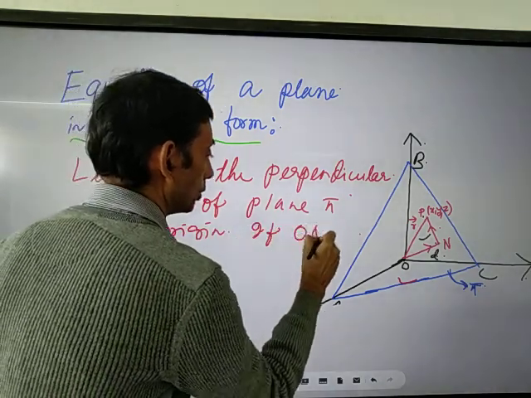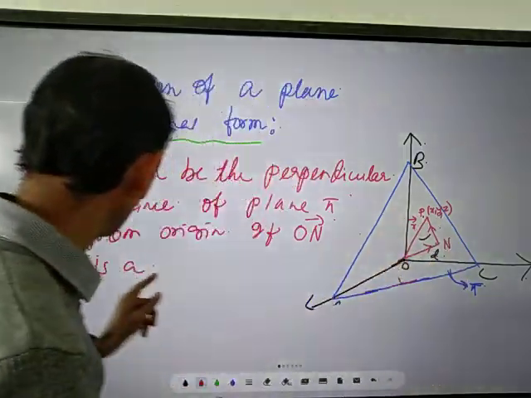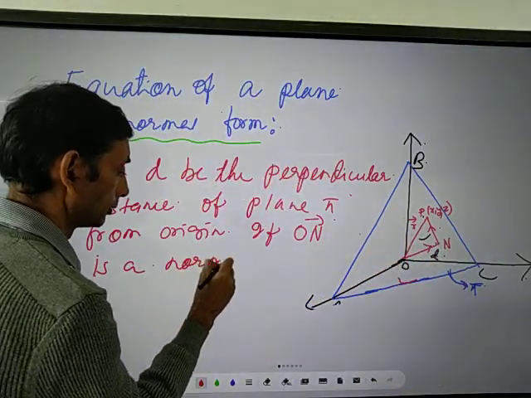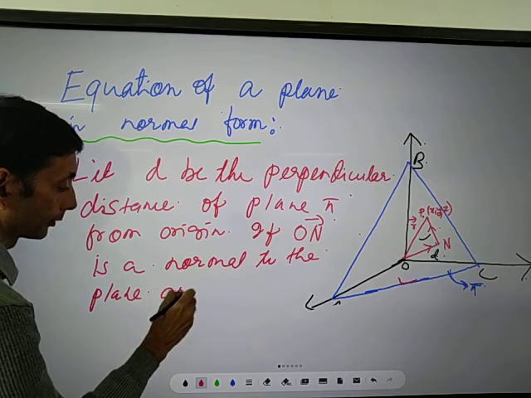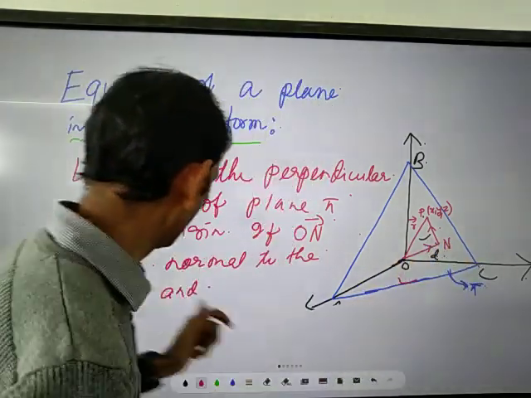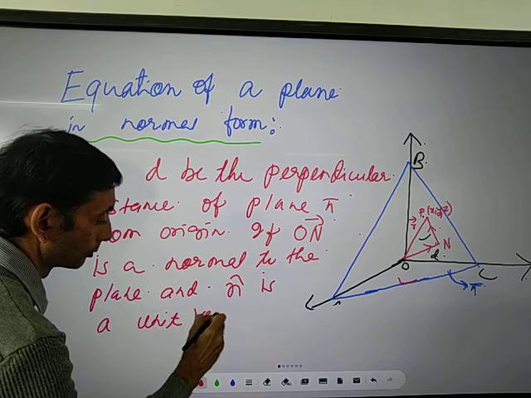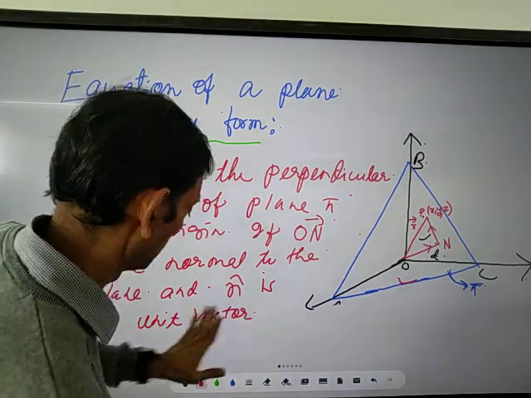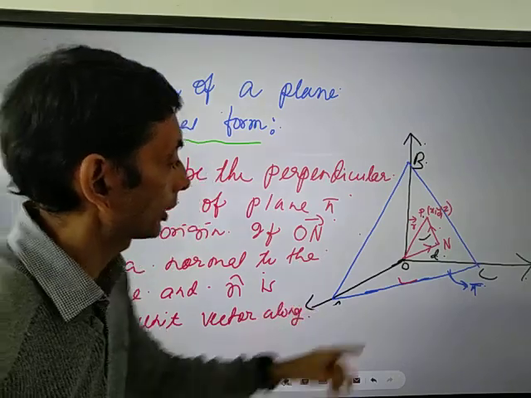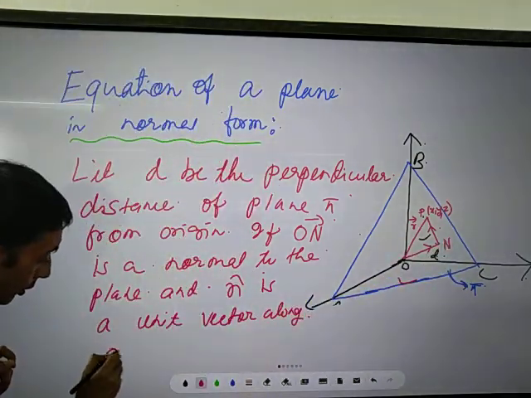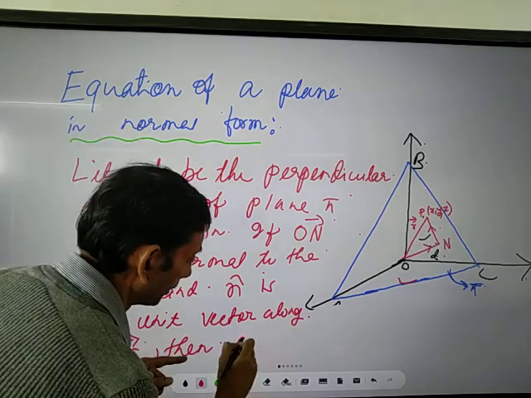If ON is a normal vector to the plane, and we'll consider a unit vector along ON, and n cap is a unit vector along ON, then how can you write ON?